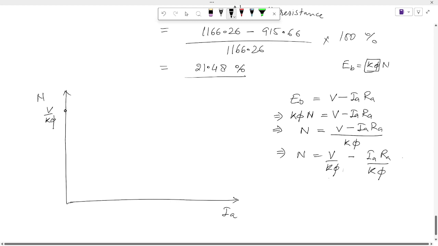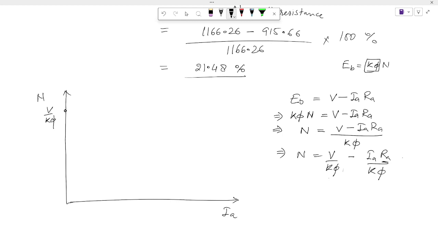Now, when armature resistance is small, then full load current is there, and this part is already constant. Armature resistance is constant. Depending upon the current drawn, there will be a drop in the speed.